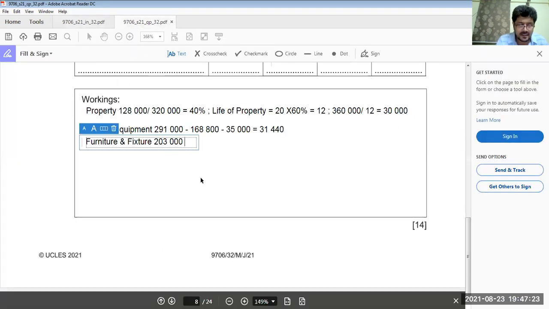That's it, easy, multiply by 20%. So the answer is 40,600.